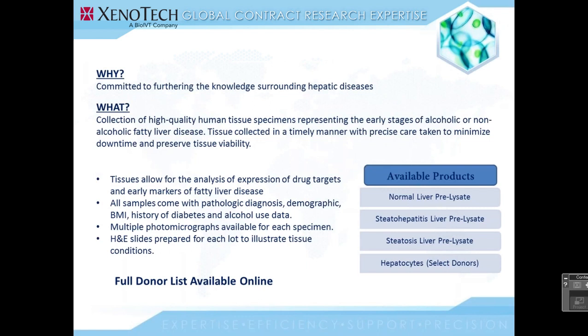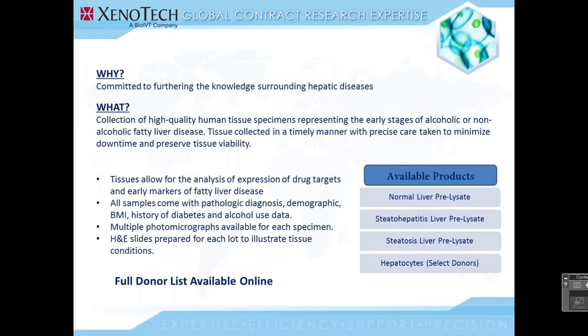One more thing to note, XenoTech recently launched a research biobank, and the idea behind this is we're really committed to furthering the knowledge surrounding hepatic diseases. This is a collection of high-quality human tissue specimens representing early stages of alcoholic or non-alcoholic fatty liver disease. This tissue is collected in a timely manner with very precise care taken to minimize the downtime and preserve tissue viability.